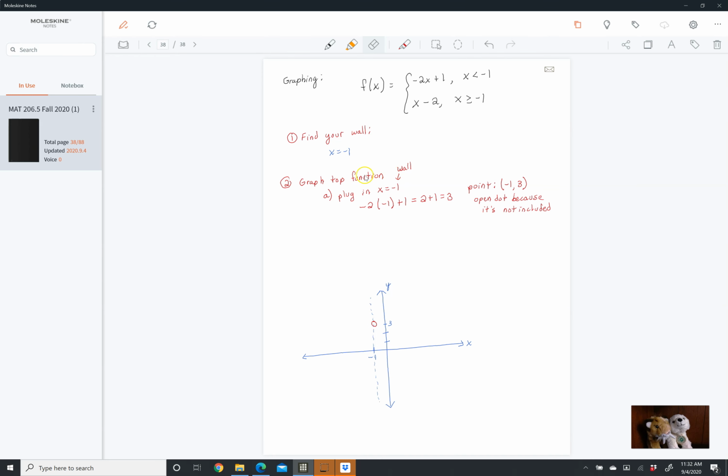So the first thing that you do when you graph a function is you always graph the point on the wall, and it's either going to be an open dot or closed dot. Closed dot if it's included, which you'll see in the next one.